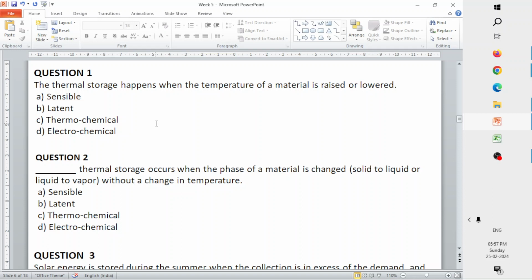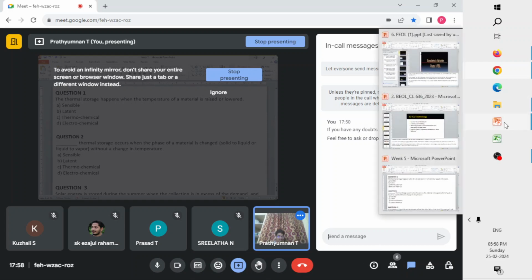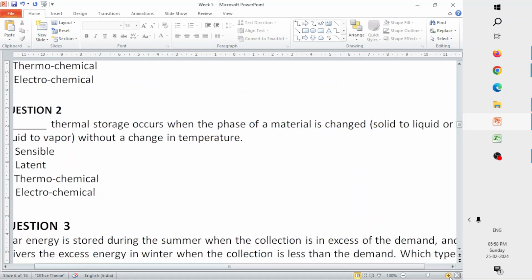Anybody? This is a very definition based question. You can also drop it in the chat box if you want to answer. Does anybody have an answer?